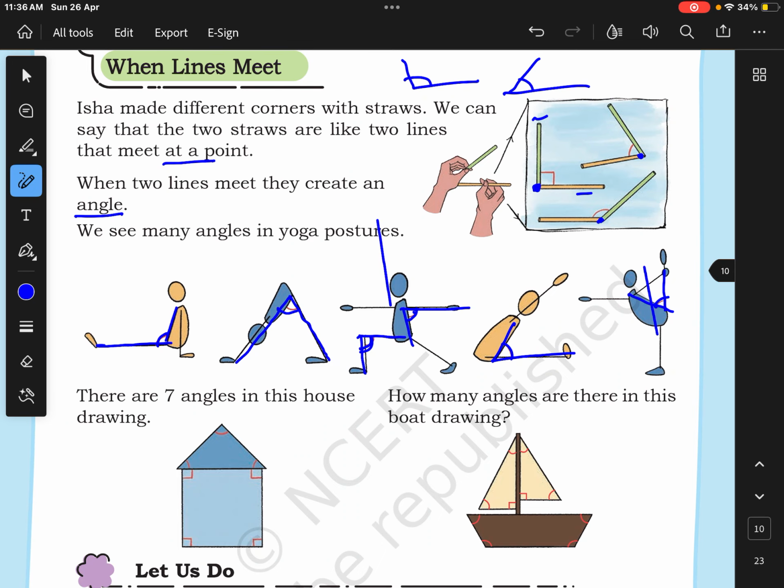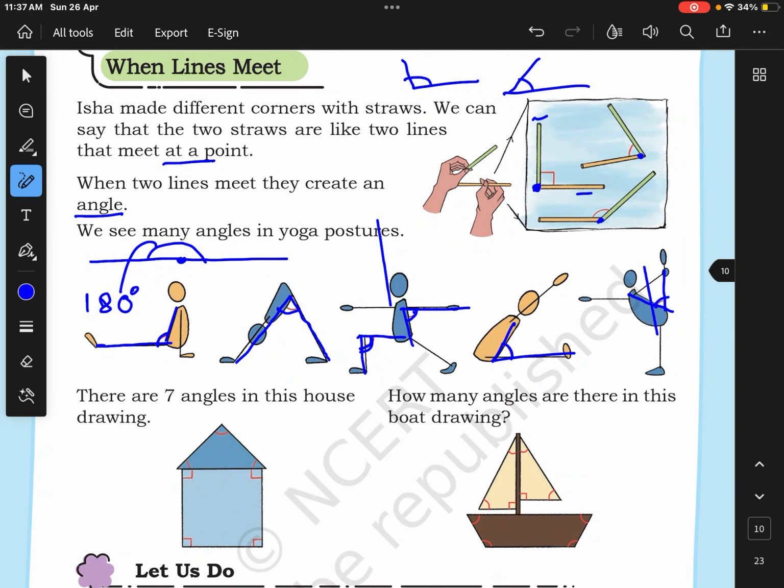Even here I must tell you that if we have two lines meeting each other at this point in a straight line, then it is also creating an angle, which is called a straight angle. This angle is called a straight angle, which is 180 degrees.